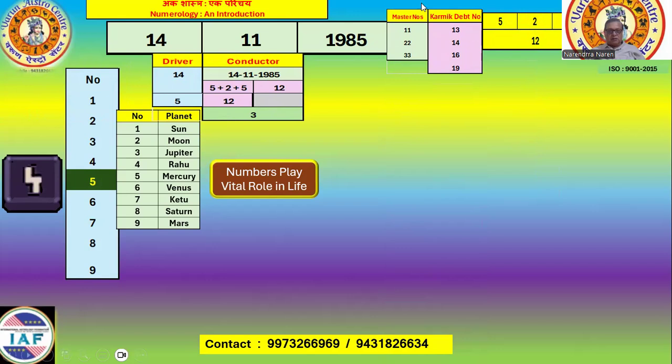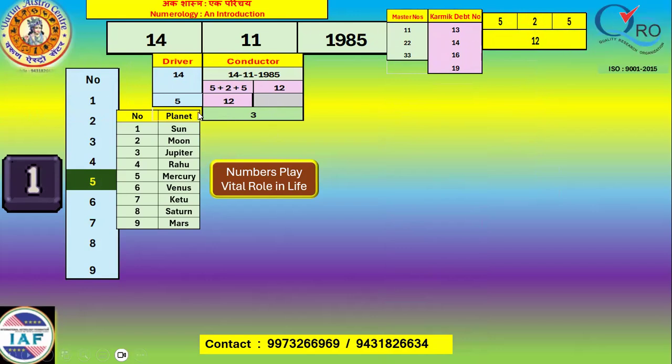Here, the driver for the native is 5, conductor is 3. 5 is the universal number, the most powerful number. So we have to analyze 5 and 3. Here also, 5 is the birth date, 2 is the sum of month, and 5 is the sum of year.